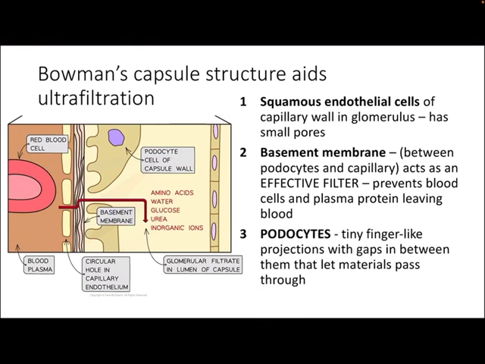Then we have the podocytes, which are tiny finger-like projections that have gaps in between them that will let materials pass through and filter into the Bowman's capsule. So we then produce a substance known as the glomerular filtrate once it's passed through those three layers.